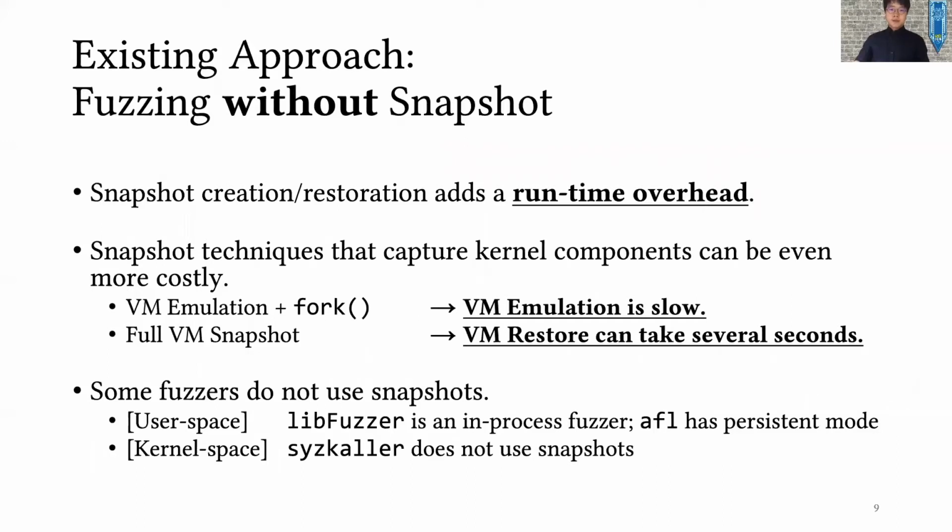However, despite this advantage, some fuzzers do not use snapshot techniques, in part because snapshot techniques themselves add a runtime overhead. Snapshot techniques that capture kernel components can be even more costly. VM emulation or unoptimized full VM snapshot techniques used by existing tools is unfortunately slow.